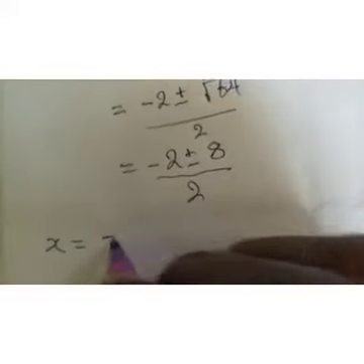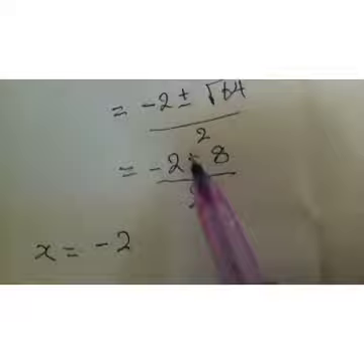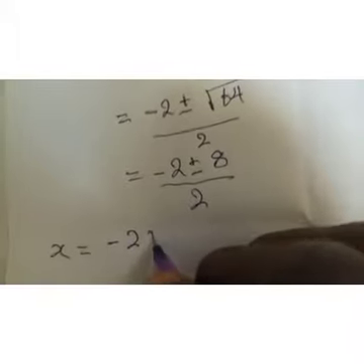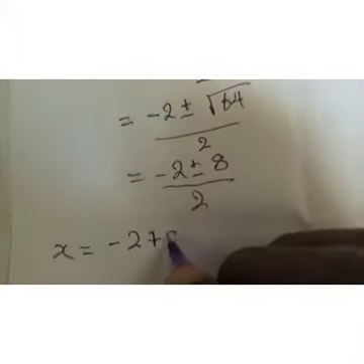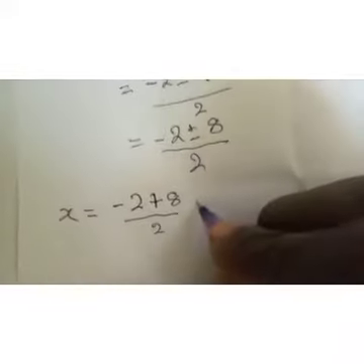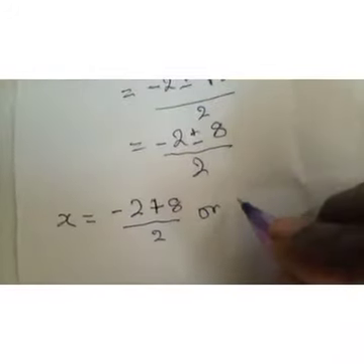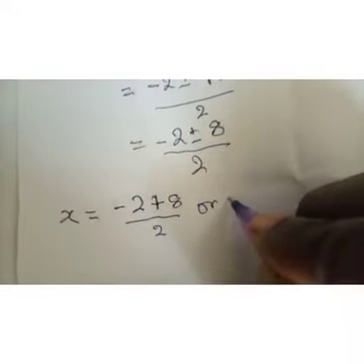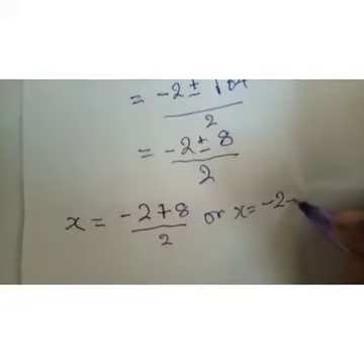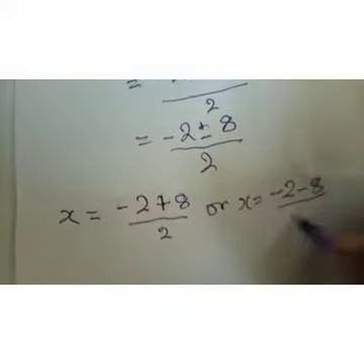So our x will be equal to negative 2 plus 8 all over 2, or x will be equal to negative 2 minus 8 all over 2.